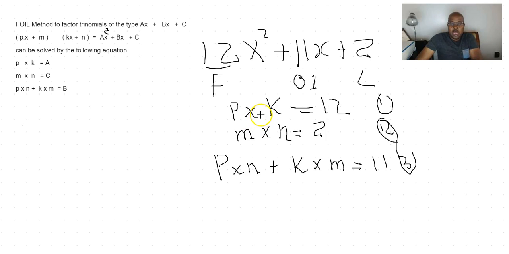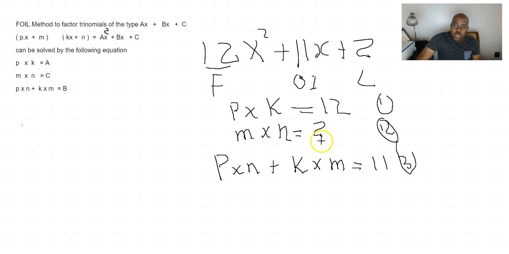They have to be whole numbers. Let's try to make our best guess. We can choose to guess the first, second, or third equation, and then try to solve the others. I think the easiest guess is this one, mn.